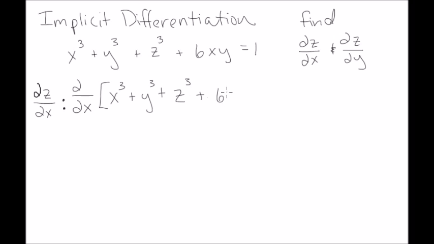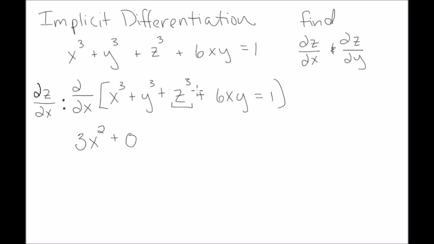So I'm going to look at each term and remember that z is an implicit function of x, but y is not. I take the derivative of the first term with respect to x. I get 3x squared. I look at the second term. Remember that x and y are unrelated, so the derivative of y cubed is 0.